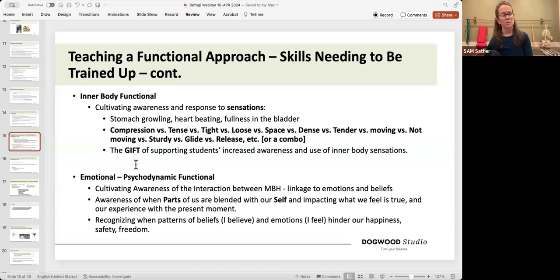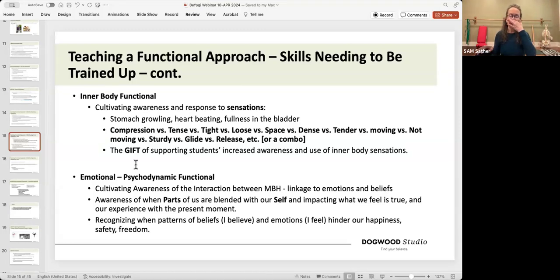And Sarah Powers has helped me a ton in this. I should have put her on my teacher picture. The psychodynamic piece of this is the cultivation of awareness of how I can be the observer, or students cultivating the ability over time to notice when they are the observer and they're not blending in with their parts that are trying to protect them.